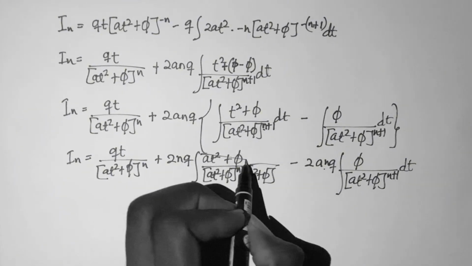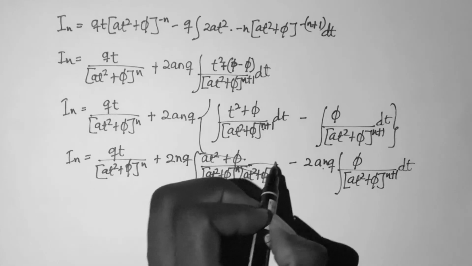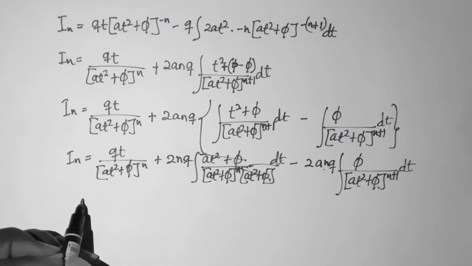So you see that here is at squared plus phi over at squared plus phi, let's say dt here, so it will cancel out.